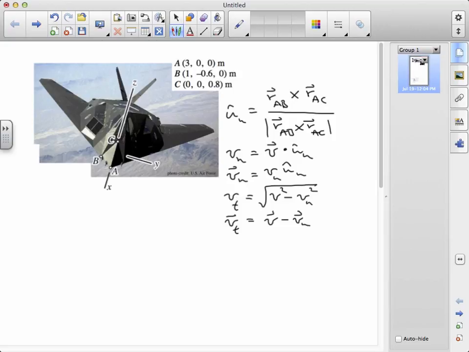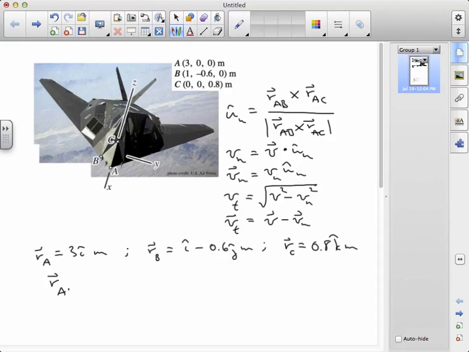Our coordinates are RA equals 3I meters, RB is 1I, so I'll just write it as I minus 0.6J meters. And RC is 0.8K meters.